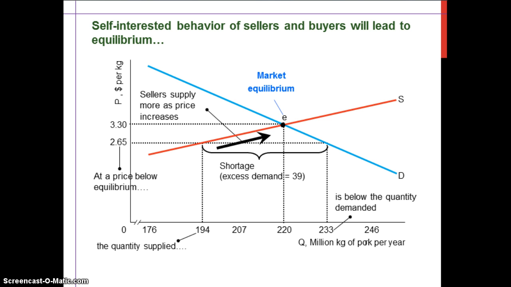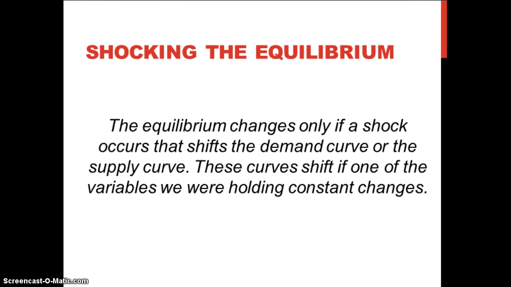And consumers demand less because suppliers increase the price. And finally, in this market equilibrium is achieved.